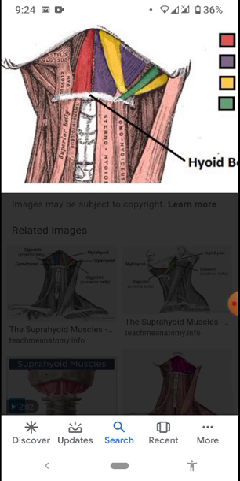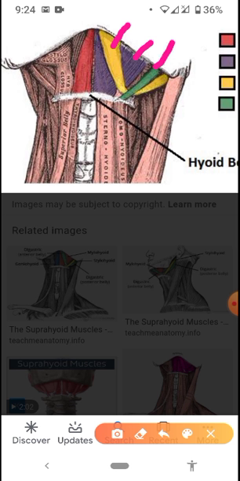So four muscles: one is the digastric muscle, this one is the mylohyoid muscle, this one is the stylohyoid muscle, and this one is the geniohyoid muscle. Stylohyoid is coming from the styloid process, and geniohyoid is coming from the inferior mental spine of the mandible.